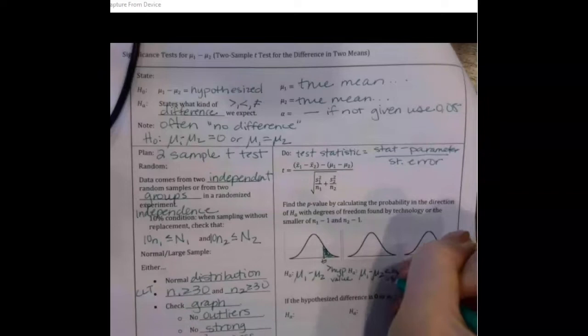If it's less than, then you'll have a lower shaded in region. And if it is not equal, then you will have a two-sided test.